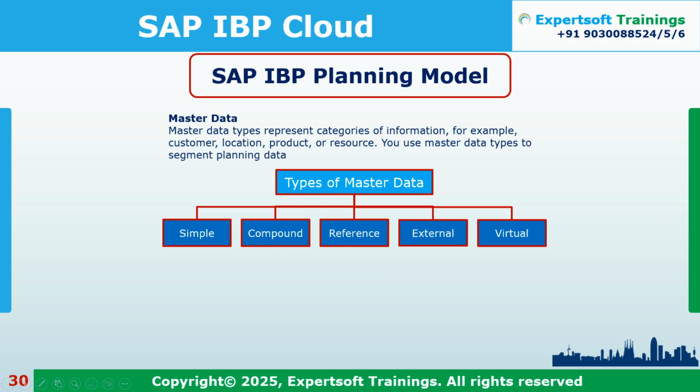In the reference master data, whatever master data you created, with a subset of attributes you create one more master data. When you're creating a subset, you can give a reference of the main master data, so that when you upload the first master data, it will automatically update the data into your second master data.